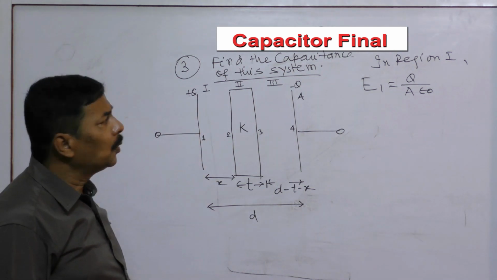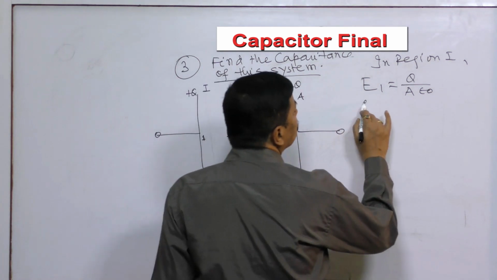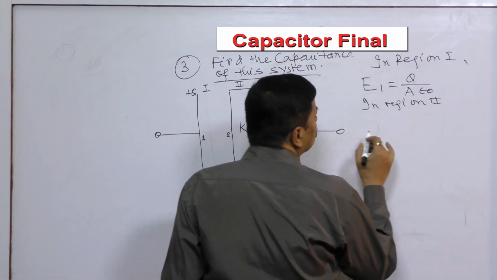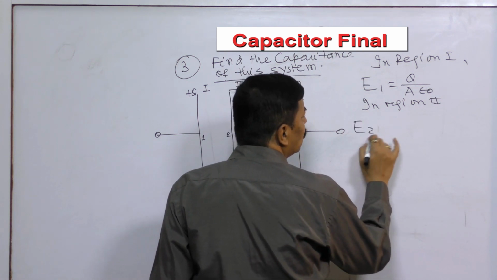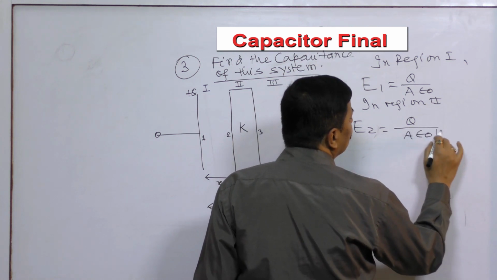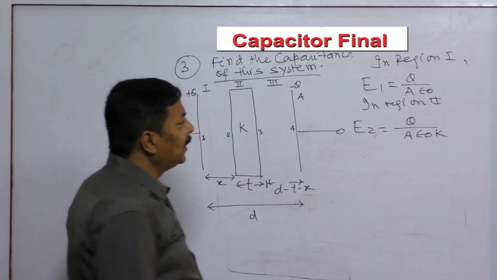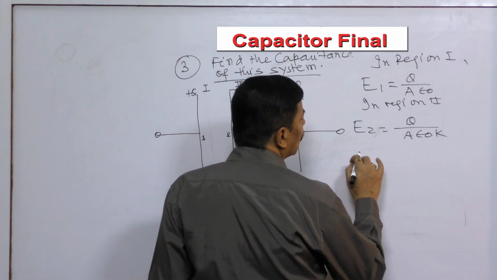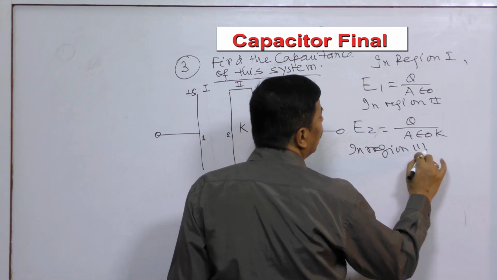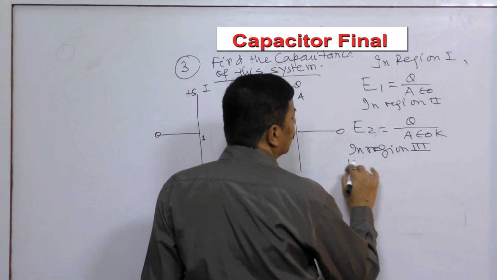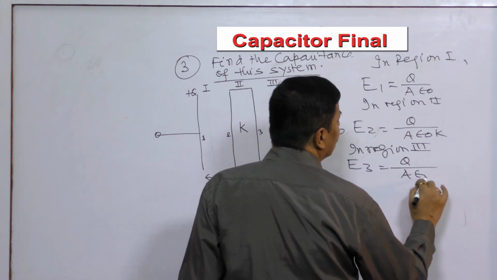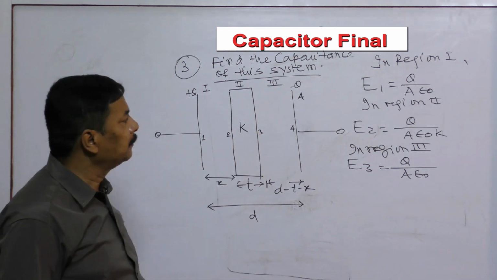In region 2, the electric field E2 is Q by A epsilon naught K. And in region 3, what is the electric field? E3 is Q by A epsilon naught, because here also again air is there.